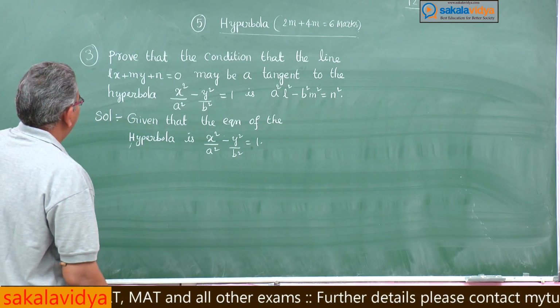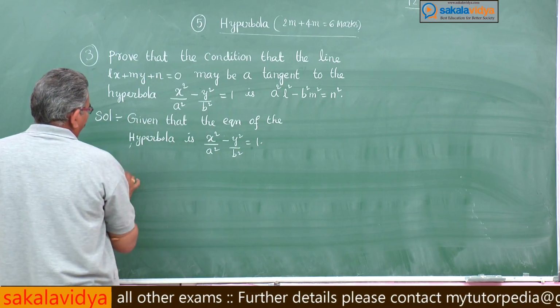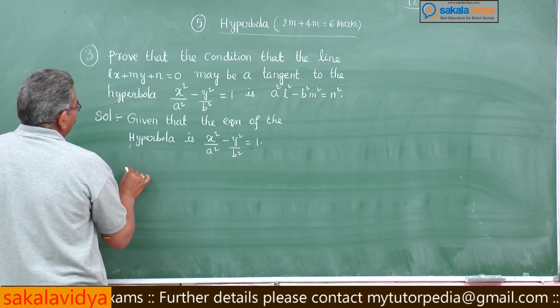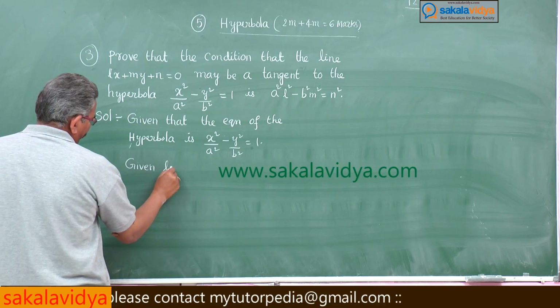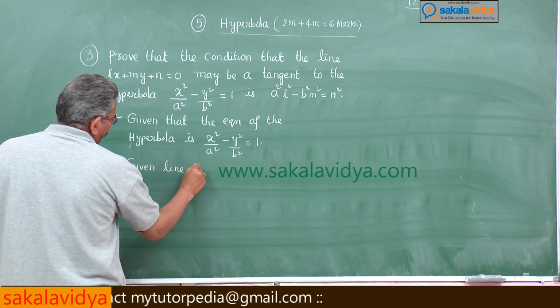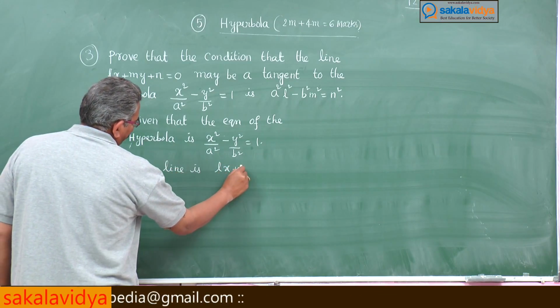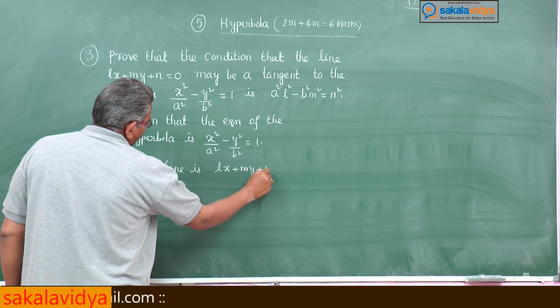So, now here the given line is Lx plus My plus n is equal to 0.